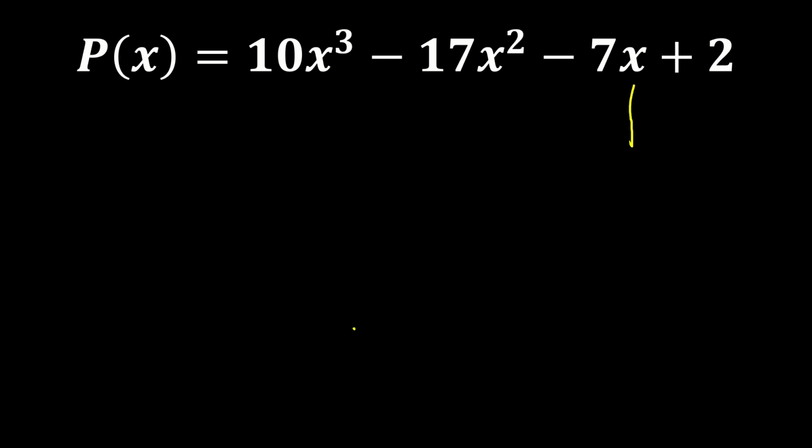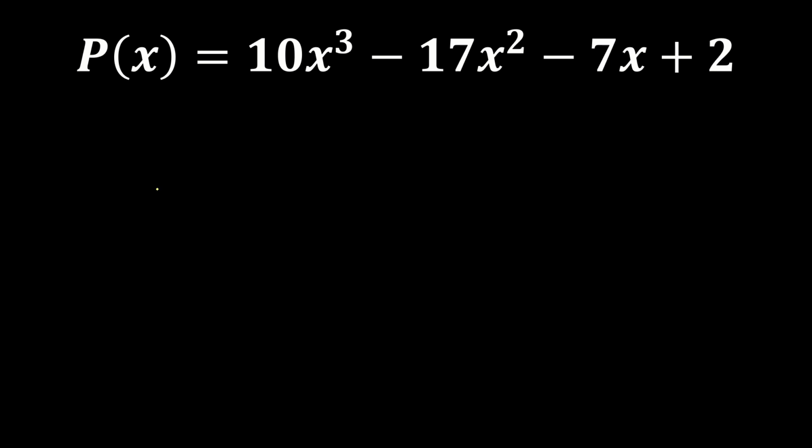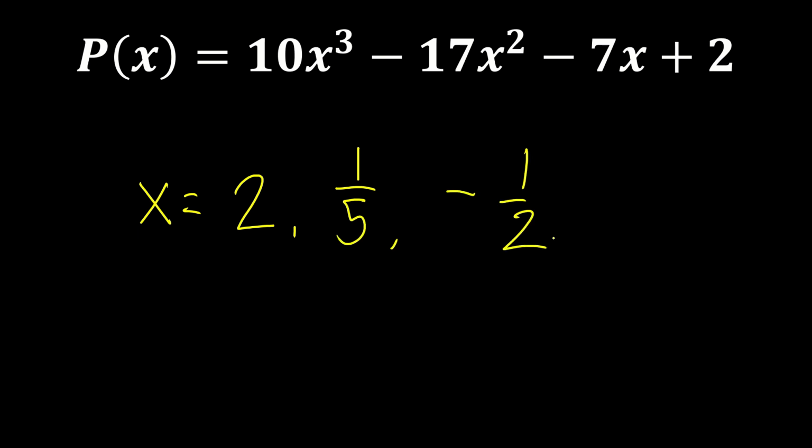So again, the three values of x na nasolve po natin are, we have x is equal to positive 2, positive 1/5, and negative 1/2.